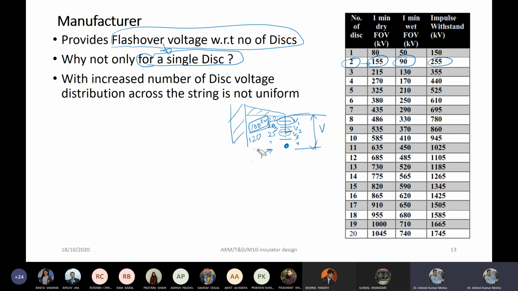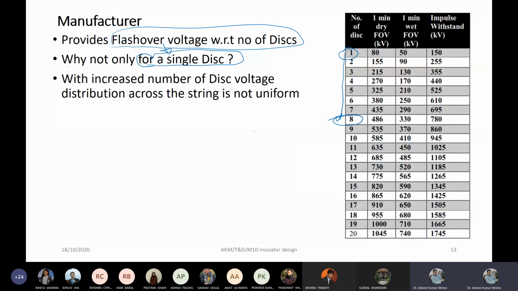So as the number of insulator disks in a string goes on increasing, the string efficiency goes on decreasing. You can see in this table that as the number of insulator disks increases, say for example take 1 and take 8, this voltage is not 8 times of this. As you go down, this ratio keeps decreasing as the number increases.